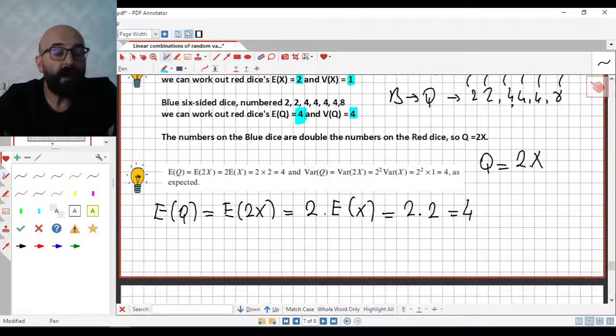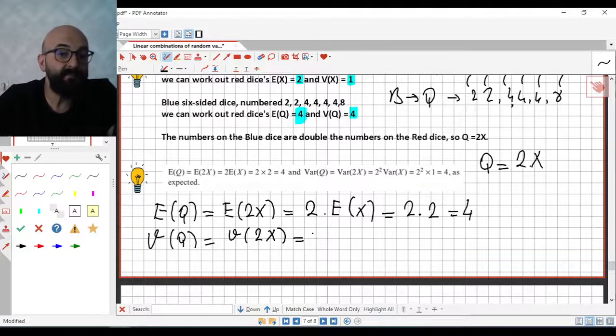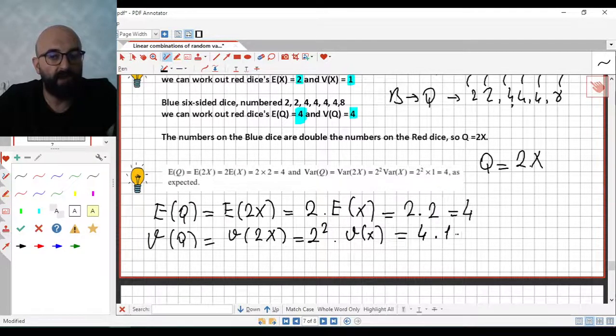But for variance, the process changes. For example, if you want the variance of q, it means the variance of 2x, and it means 2 squared multiplied by the variance of x, and it means 4 multiplied by 1 is 4. So for q, the variance value is 4.